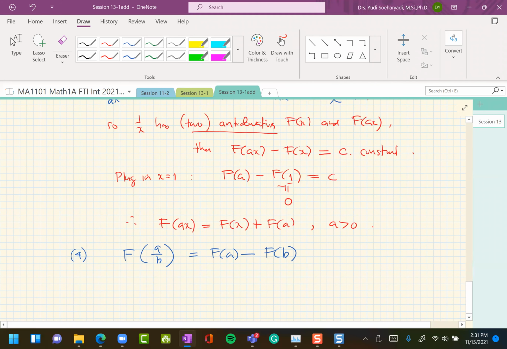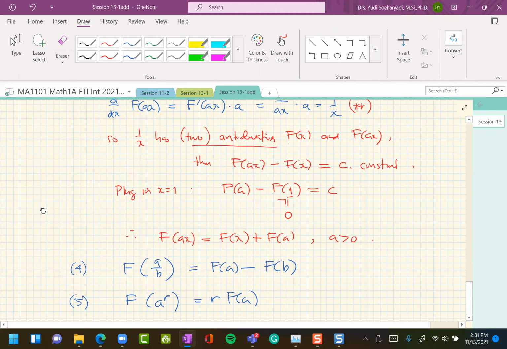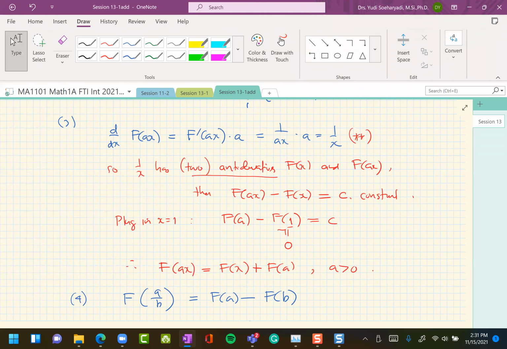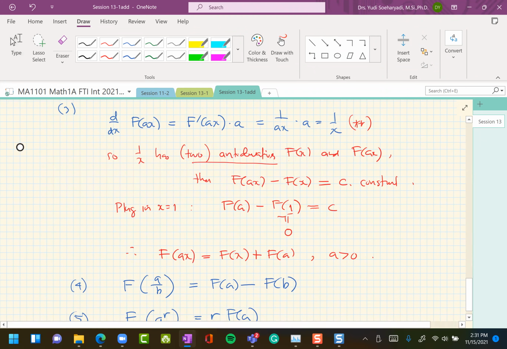And then the last one is f of a to the r, that is r times f of a. Use the same trick using the derivative. Okay. All right. Do you remember what properties 3, 4, and 5 are?